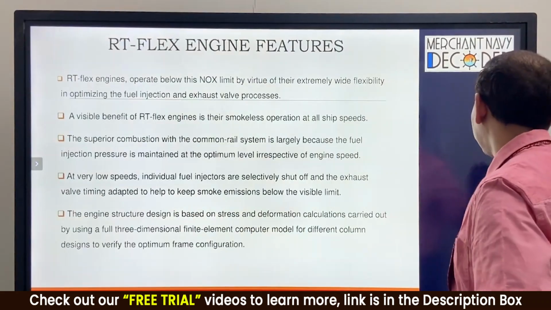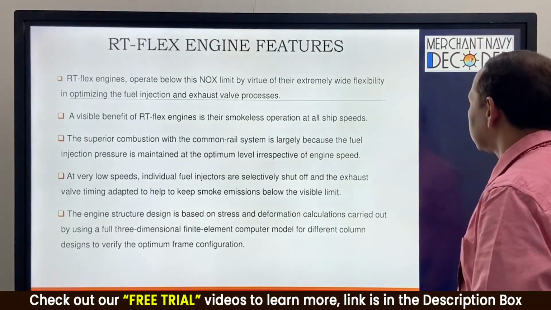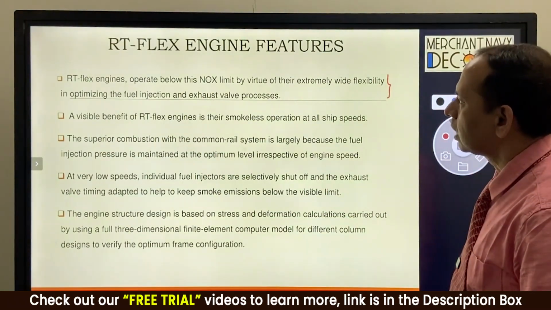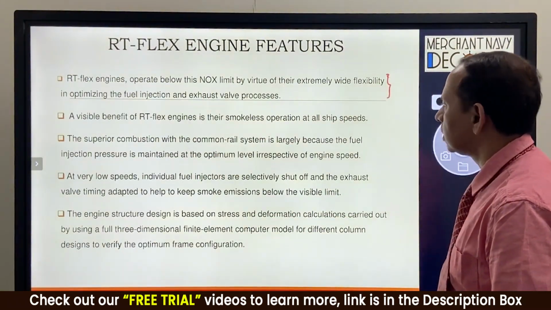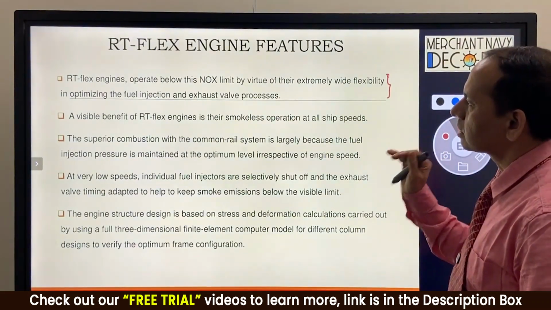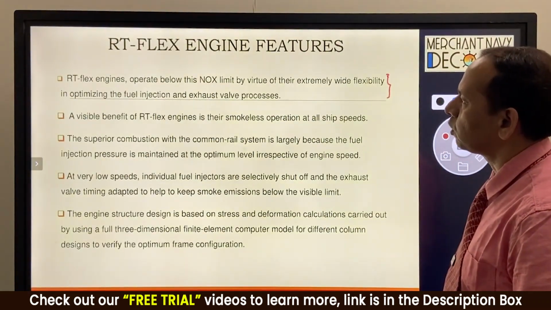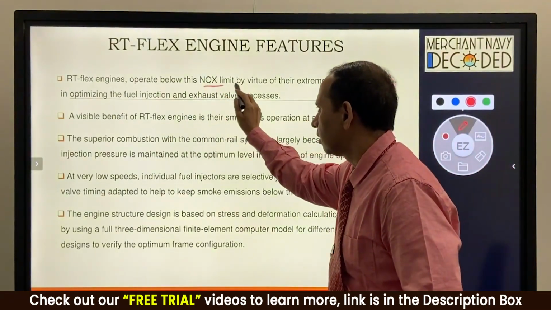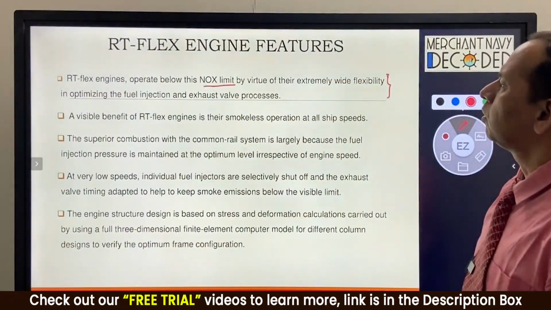That is the backbone of the principle on which the MNDFLIX engine works, and this feature gives the benefit that this engine remains smokeless even at very low load, and operates below the NOx limit set by the IMO.